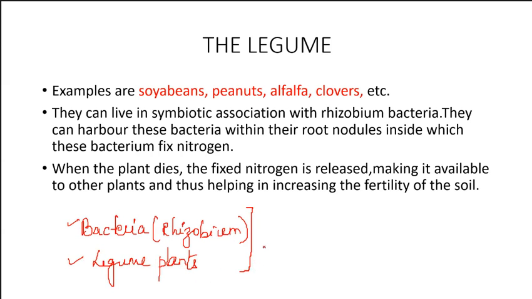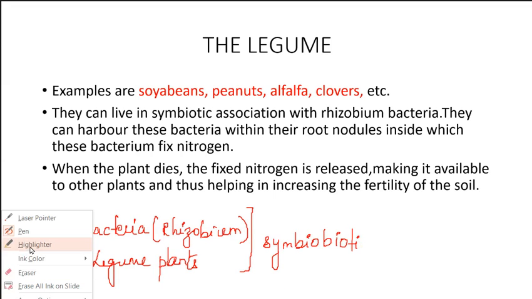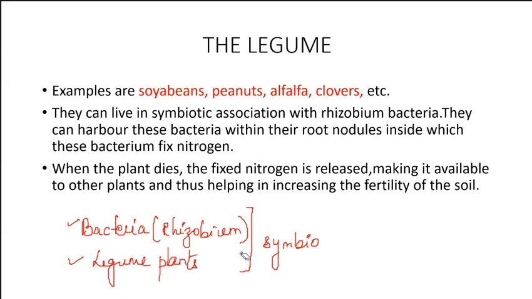The bacteria and legume plants exist in a symbiotic association. What is a symbiotic association? I think the term symbiosis is familiar to you all: they both help each other in their survival. It's a kind of mutual relationship.